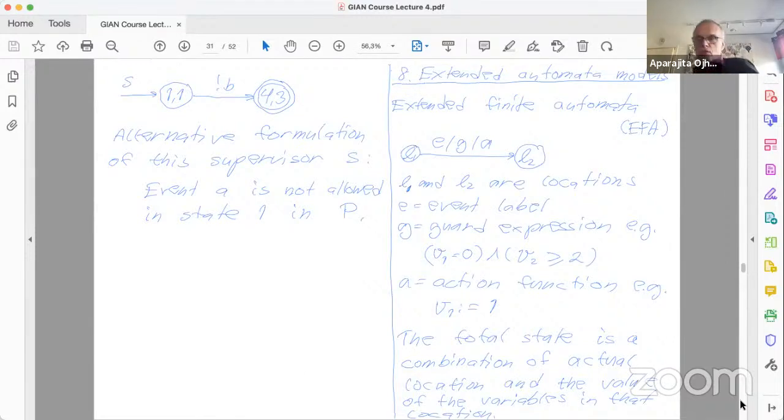So then I've given you some examples of how we can reason and how we can make analysis.